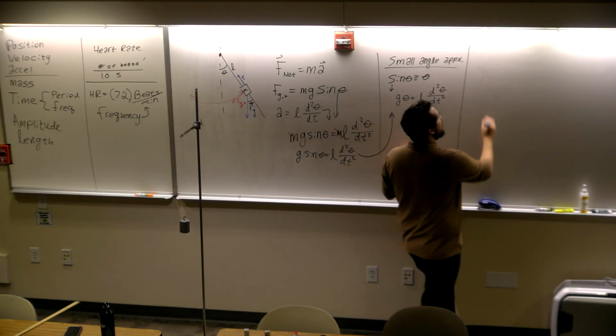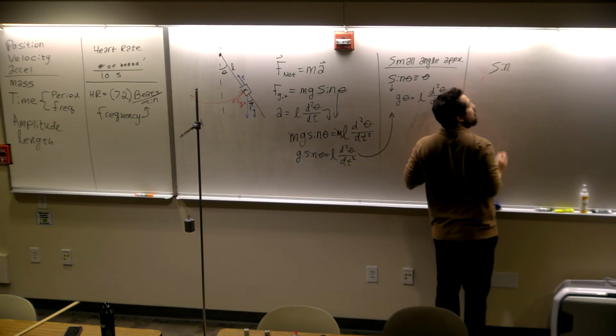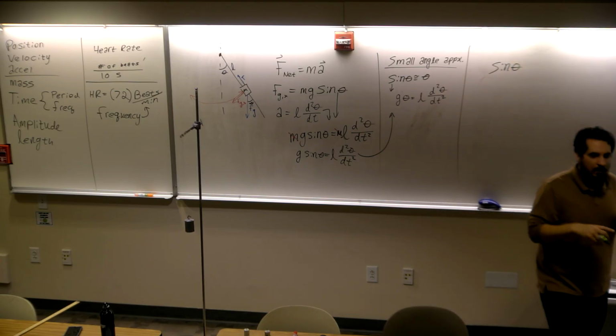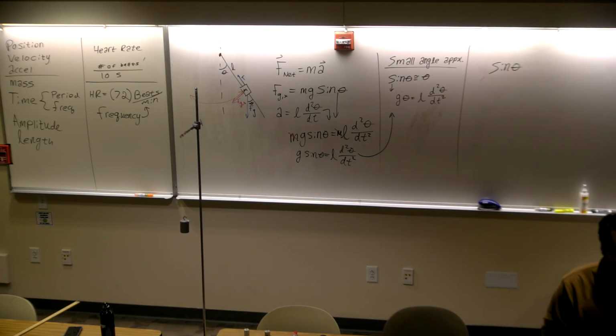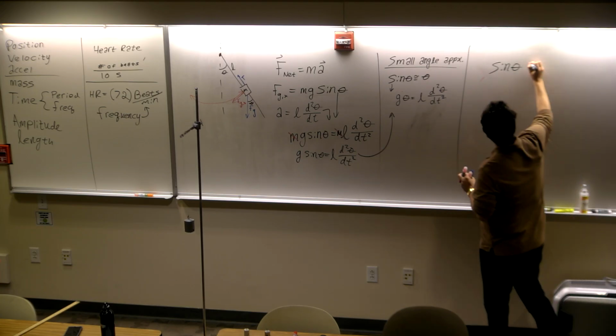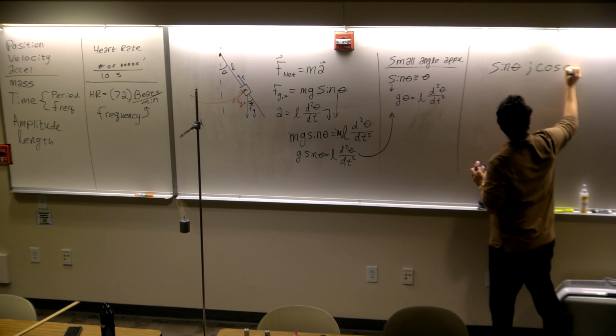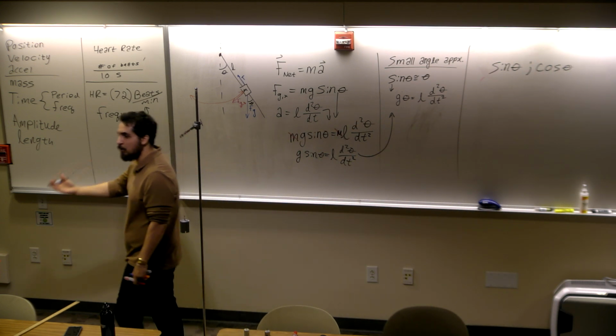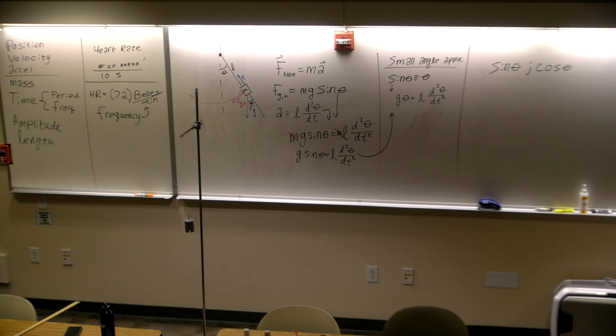Well, what fits that is a sine function, because with sine of theta, you take the derivative, you get back to cosine with a negative out front. So sine theta, cosine theta works as well, both of which will take the derivative twice to get back to themselves with a negative out front.